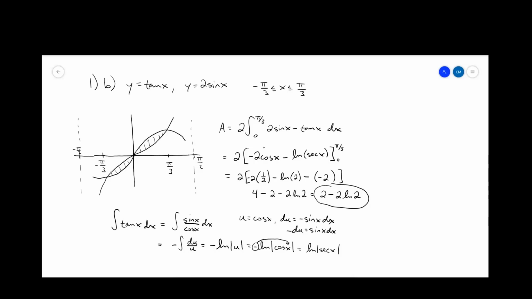Okay, any questions on that one? All right, in the interest of time, I'm going to go ahead and move on because we got to get to at least part of the next section.